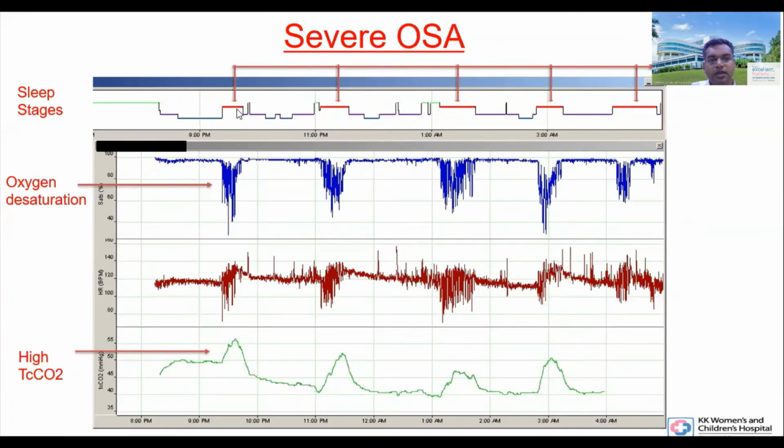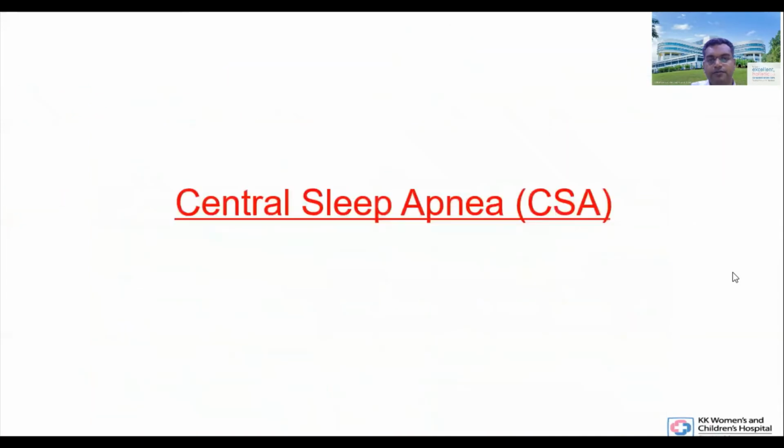You can clearly see during REM sleep there are recurrent clusters of desaturation, and it progressively gets worse as the night passes because you have more REM sleep during the early hours of the morning. And proportionately, with significant desaturation, there is also CO2 rise, where the child is unable to clear the CO2. So you see a proportionate increase in CO2 during those periods. So this is a clear severe OSA child.